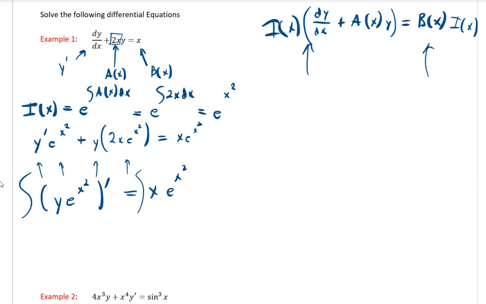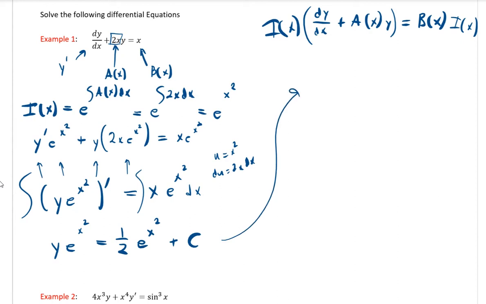And that's when I can take an integral of both sides. That will leave me with y e to the x squared equals the integral of the right side. I could set u to be x squared, du to be 2x dx, divide the 2 over. I get 1/2 e to the x squared plus c. And then if I divide e to the x squared over, note I need to divide the entire thing, which includes the arbitrary constant.